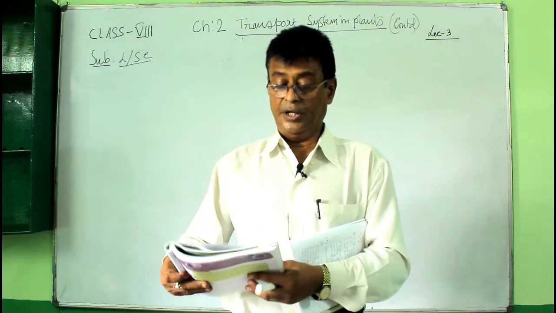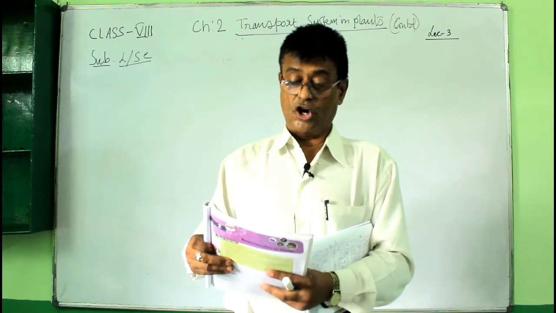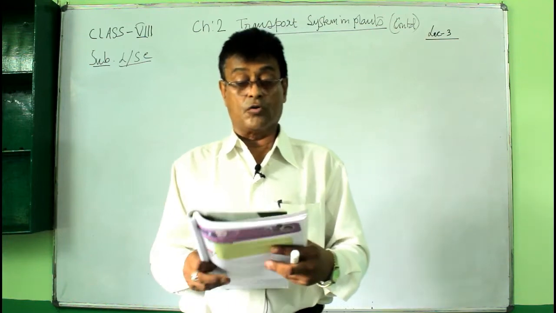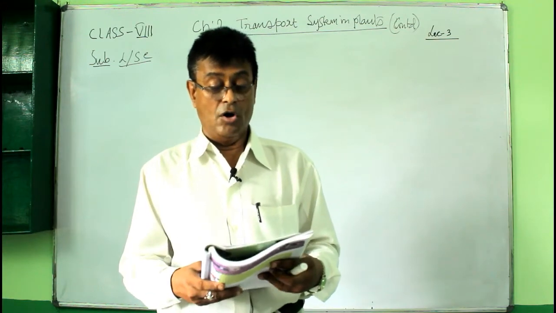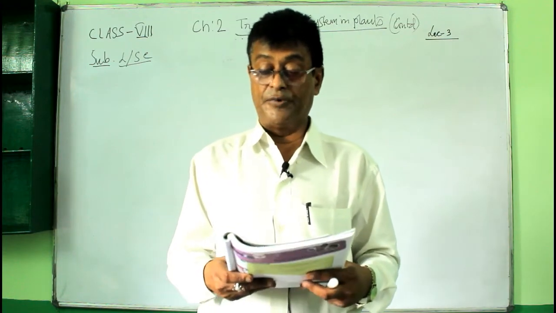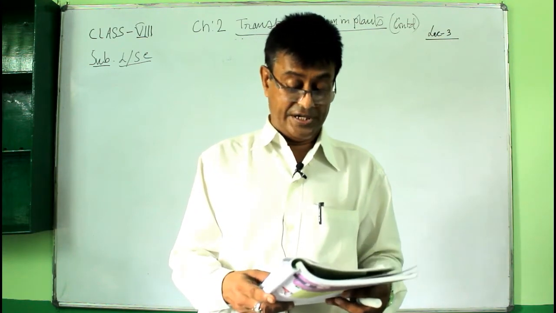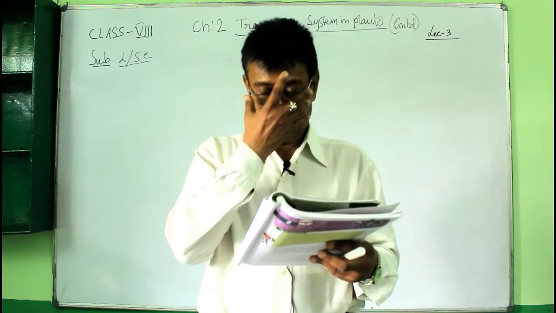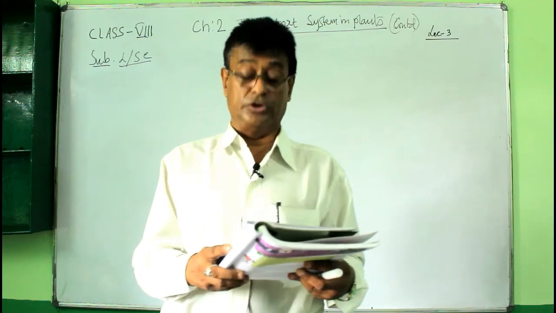Now we have the very short answer type of questions. It is in E. So there, question number 1. What do we call the tissues concerned with the upward movement of water? The answer is vascular system or conducting tissue. Both are correct.